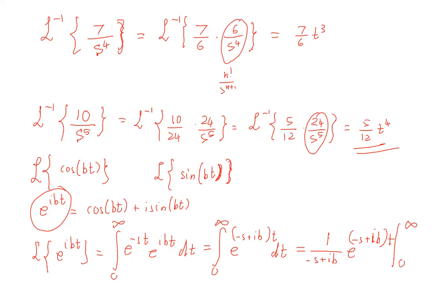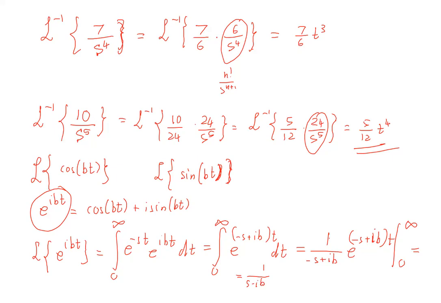And pretty much all you get is what you get if you plug in 0, which is 1 over negative (s minus ib). Actually there should be an extra negative sign, so that should be 1 over s minus ib, because the 0 part is being subtracted.